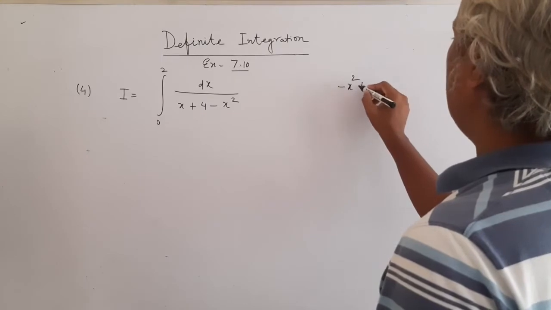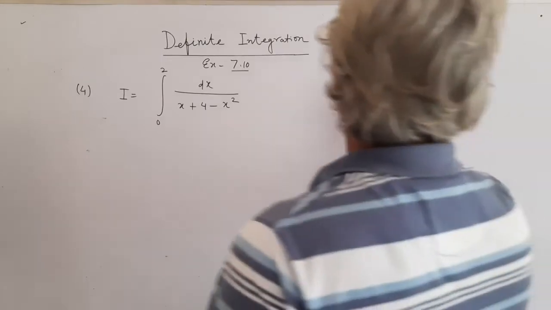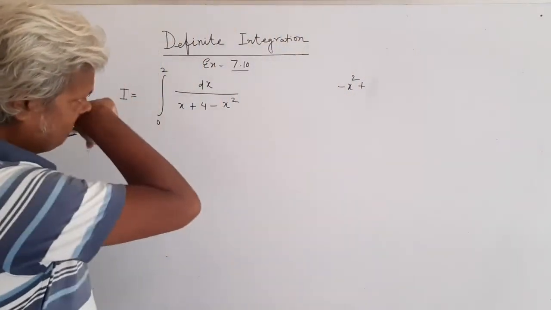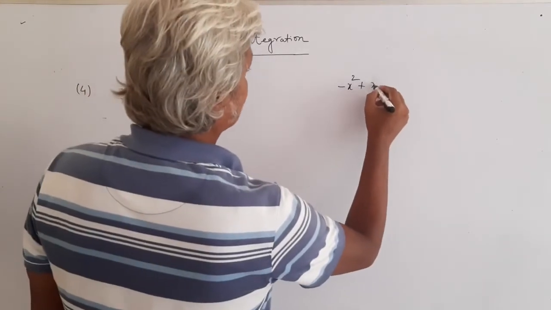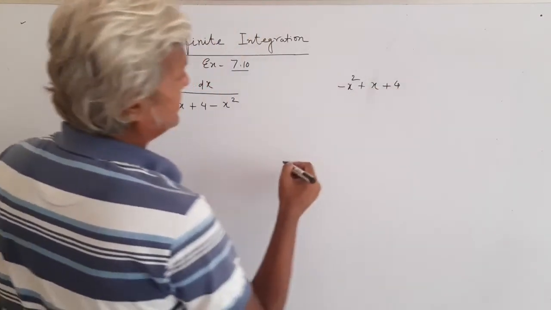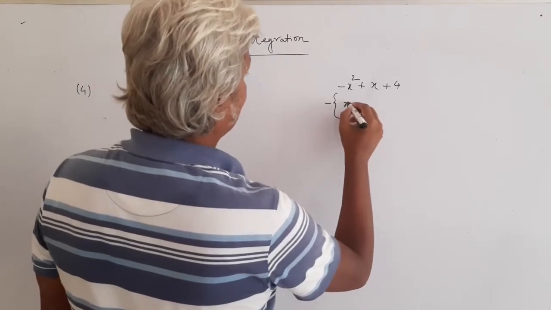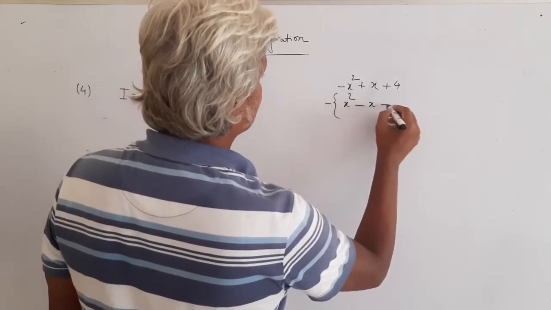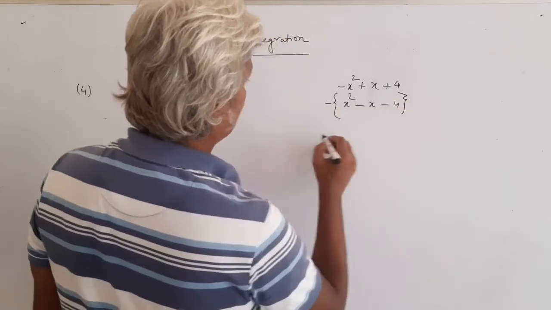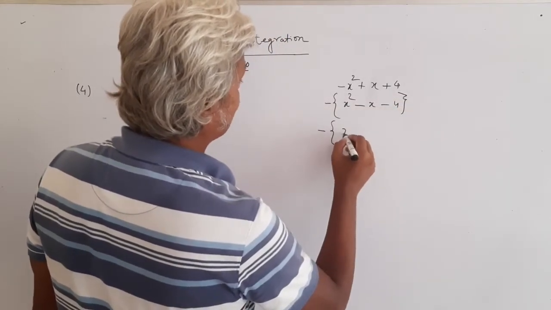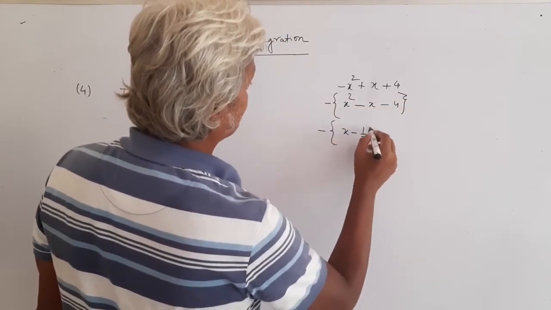So this is minus x square plus x plus 4. I write in the proper order. Then I take minus common. Then I'll have x square minus x minus 4. Then I express this as x minus half whole square.